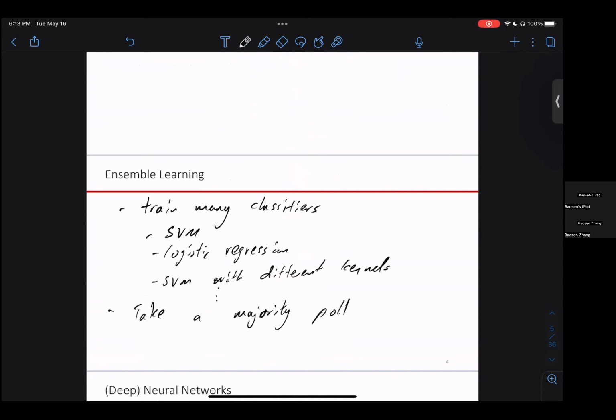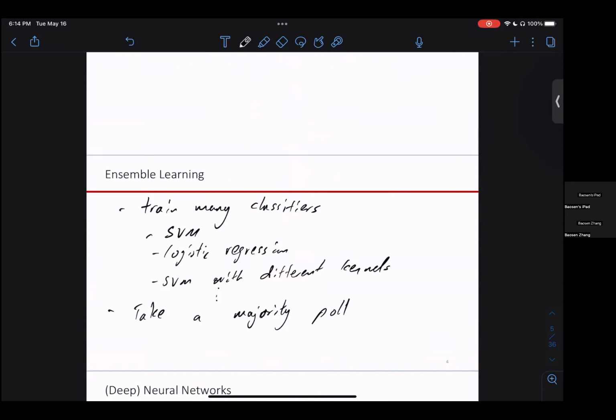Okay, so the idea is some classifiers will work, right? So if I take a sum of them, the idea is that the majority of them tend to give you the right thing. If you just average it out, take a majority poll, those things tend to come out right. So this is ensemble learning.